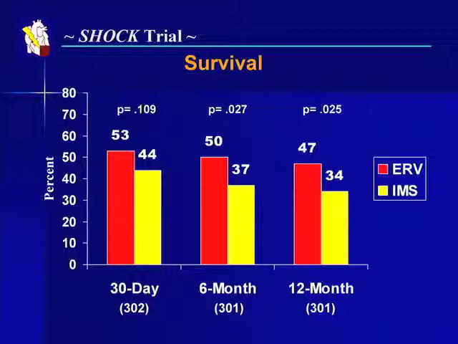So when you employ an early revascularization strategy in patients with cardiogenic shock, you save 13 lives per 100 treated, which is exactly the number of lives you save for bypass surgery with critical left main disease in the 1970s when medical treatment was not even aspirin. So there's a significant treatment benefit.